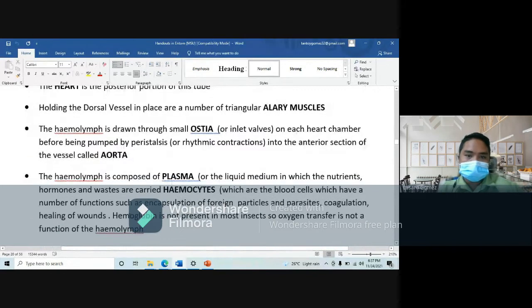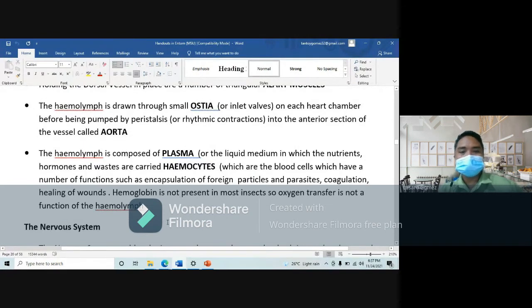The hemolymph is composed of plasma. What is this plasma? It is the liquid medium in which the nutrients, hormones, and waste are carried. Then hemocytes, which are the blood cells, have a number of functions such as encapsulation of foreign particles and parasites, coagulation, and healing wounds.